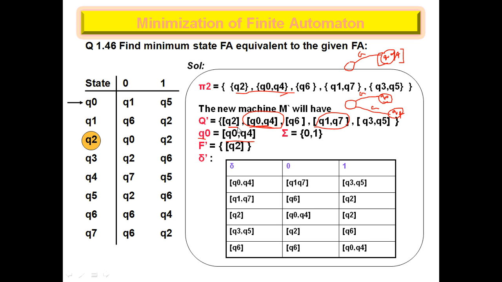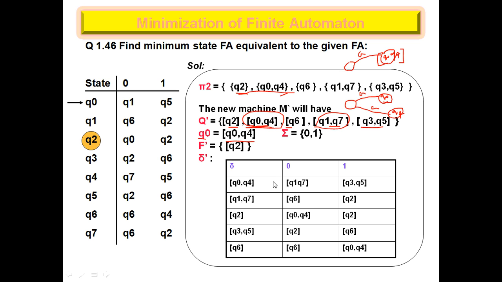How many states do we have now? 1, 2, 3, 4, 5 states. And how many did we have earlier? 1, 2, 3, 4, 5, 6, 7, 8. So from 8 we get reduced to 5 states. That is how we minimize the states, and the final state is Q2 itself.